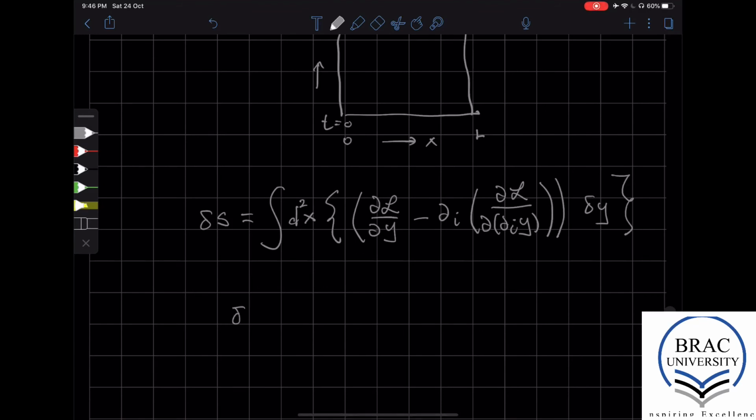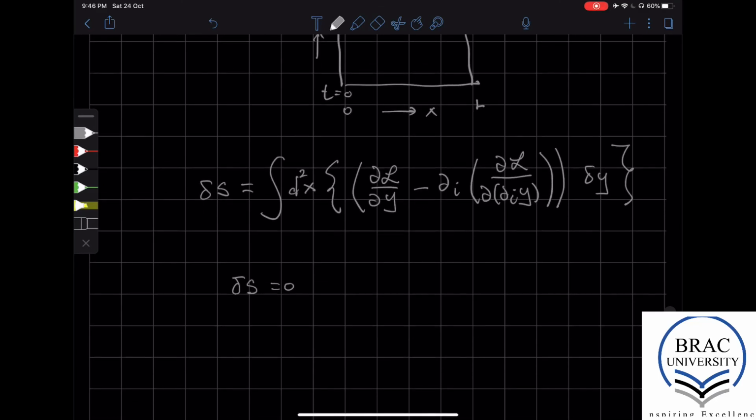Now, delta S equals 0 means that this whole thing has to be 0.